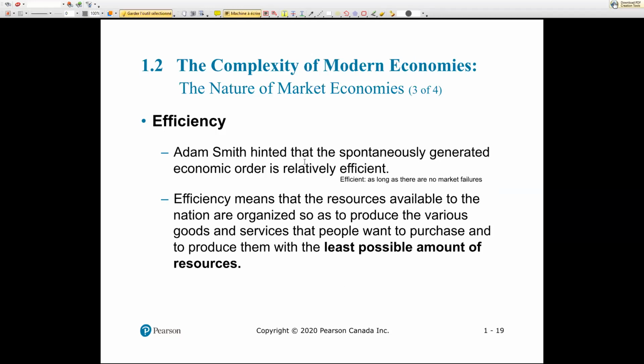But if there were no market failures, then yes, we would get efficiency. That means that if I choose to have some goods produced, then I can expect that they're going to be produced the most efficiently possible, so with the least possible amount of resources.